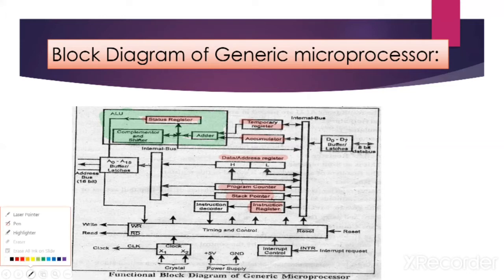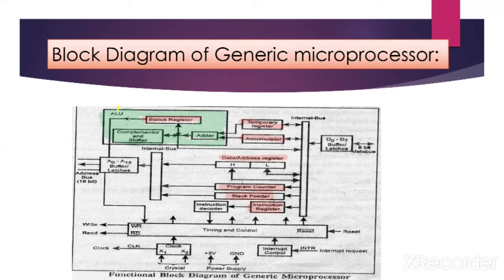It contains several registers: instruction register, accumulator, stack pointer, status register, temporary register, and data address register. Next blocks are the program counter, instruction decoder, timing and control section, bus, buffer and latches, and lastly interrupt control. Registers are marked with red color.